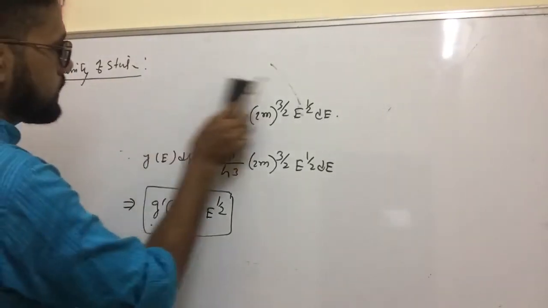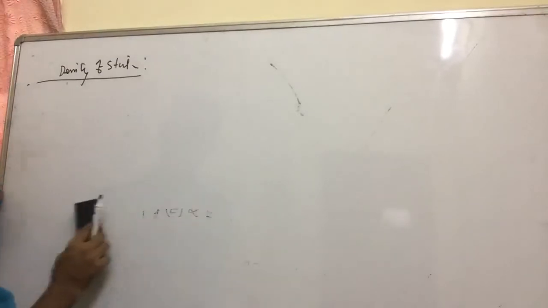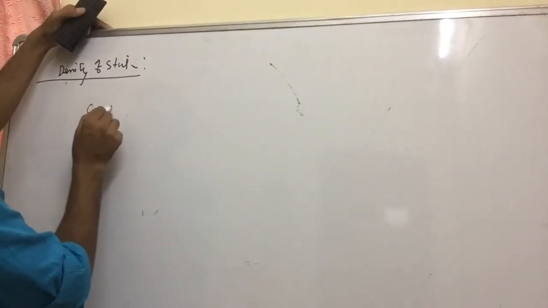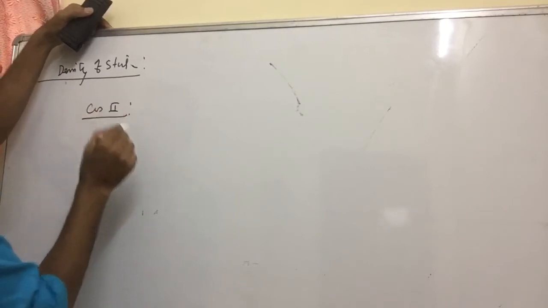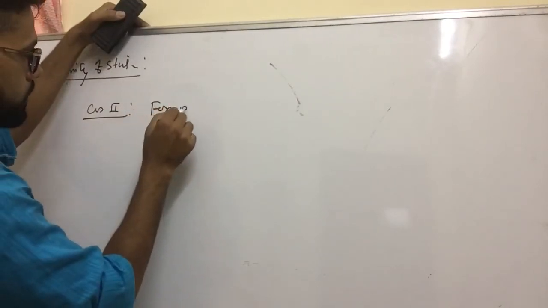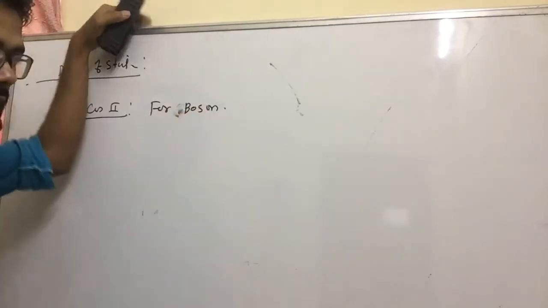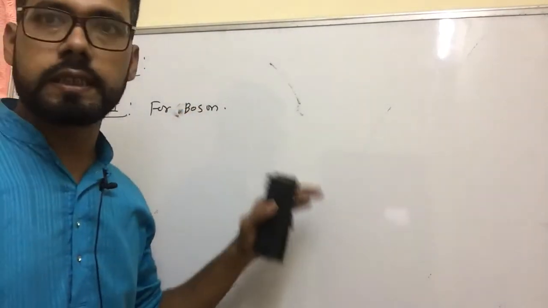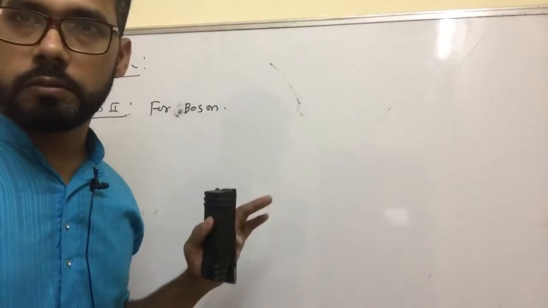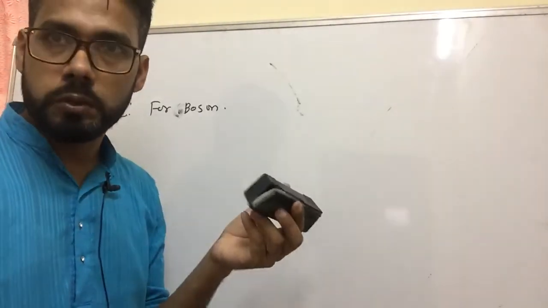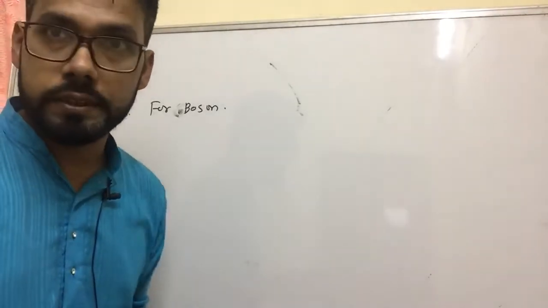Okay, case 2. Case 1 was the density of state for fermions. Case 2 is for boson particles. In the case of a semiconductor, bosons are not required, but even so I am telling you the general formula. If the system is composed of boson particles, then the density of state will be different.